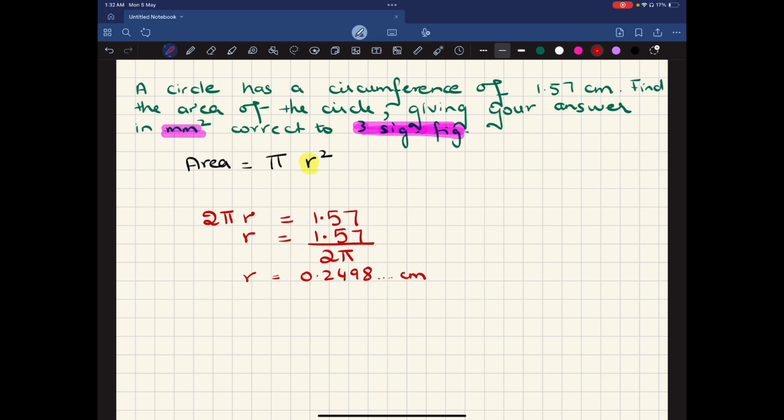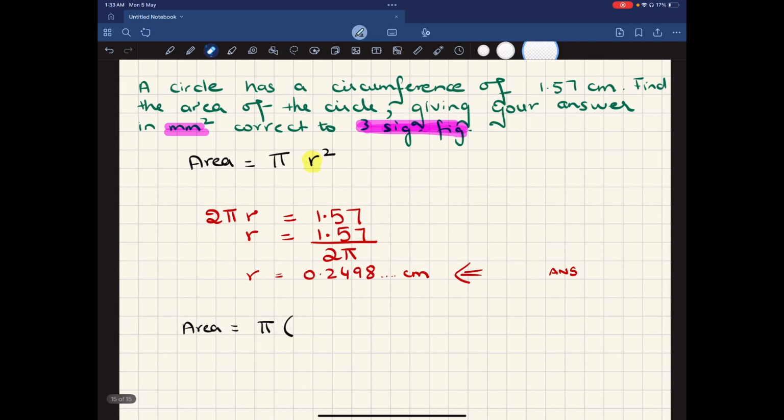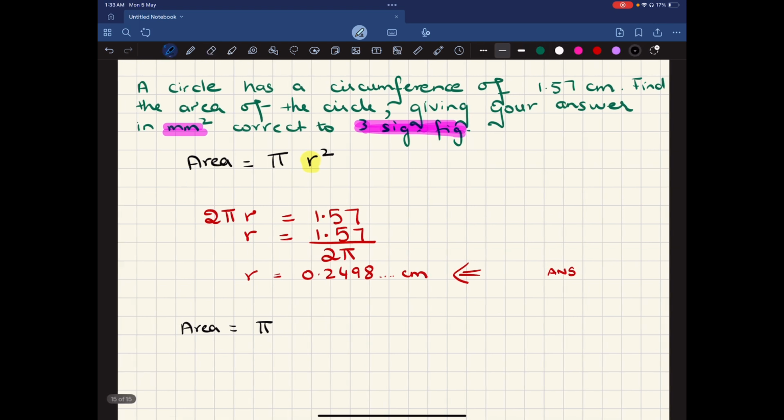I am not going to change this value on my calculator, and in the future calculations I'm just going to press the answer key on the calculator so that my accuracy is not compromised. So we are required to find the area. So area is pi r squared.